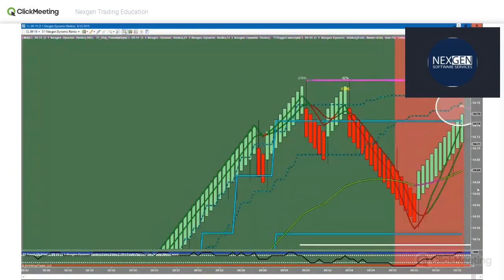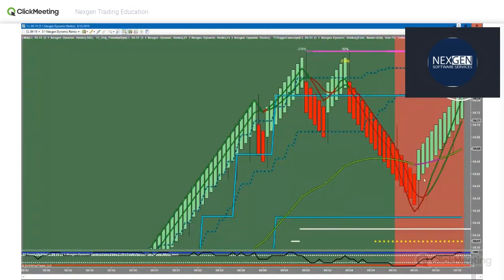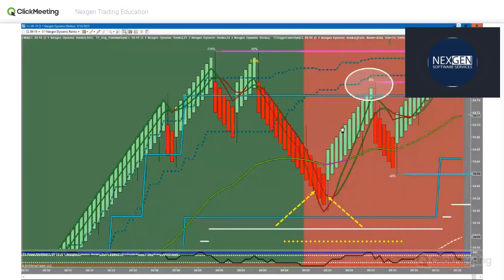It was plotting potential divergence, he was long, and there was a red background, so he took his money. So potential divergence is okay to watch out for if you're in a trade and things are going against you.